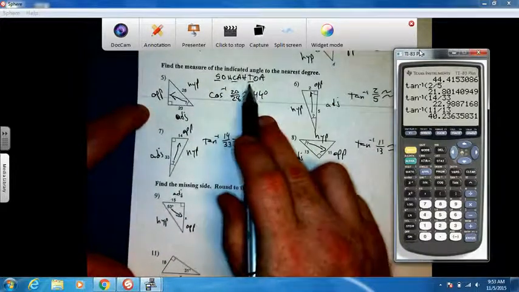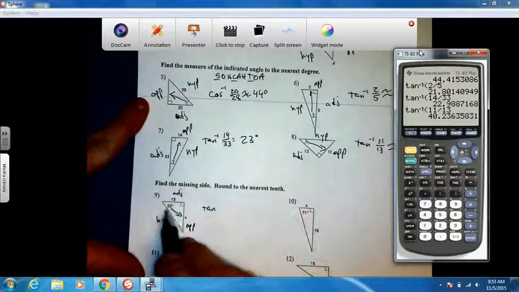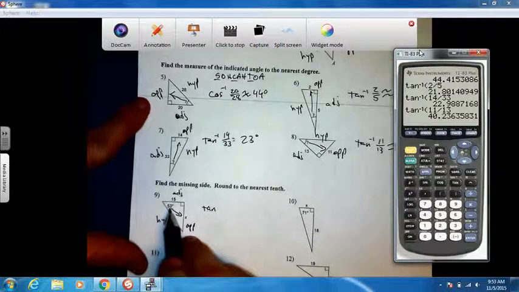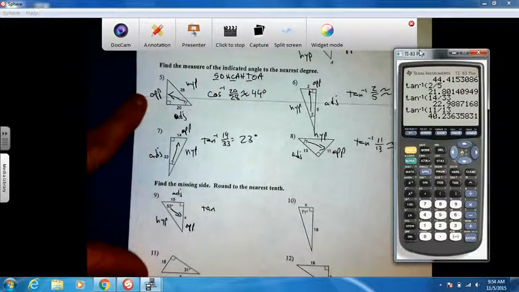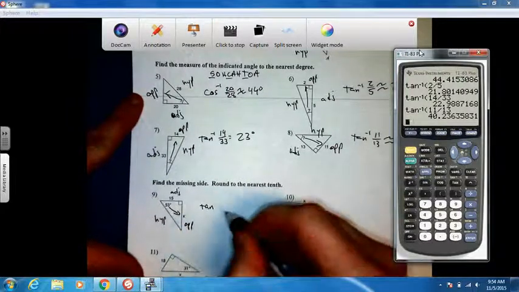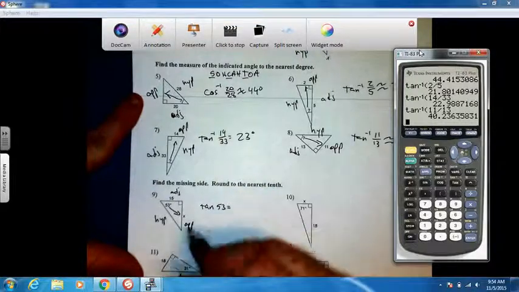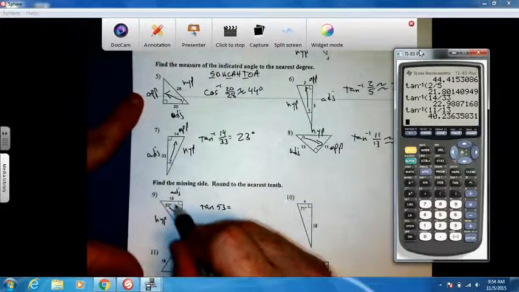So that means I'm going to use tangent. Now, I use regular tangent when I know the angle, or regular sine or regular cosine. I use inverse when I'm trying to find the angle. So, tangent of 53 degrees is going to equal opposite over adjacent. It's going to equal x over 15.